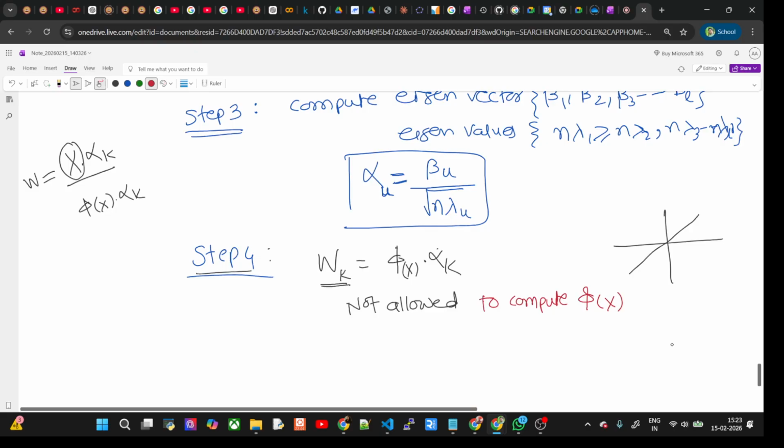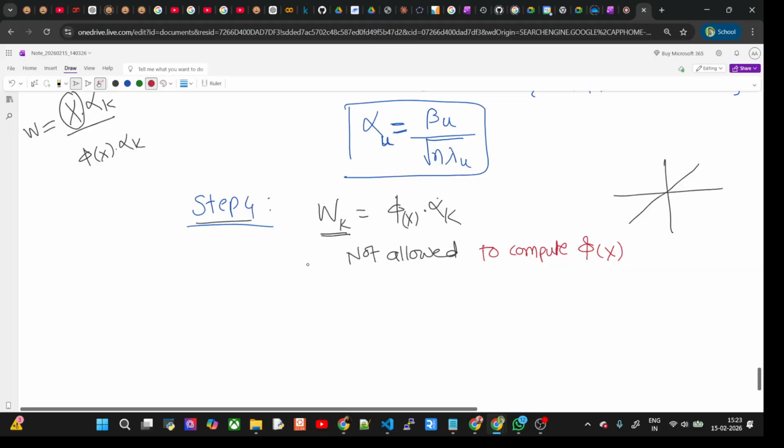Okay, if you say phi of x is not allowed, then I am not able to compute wk. If I calculate this wk, this calculation defeats the purpose of the whole kernel calculation.